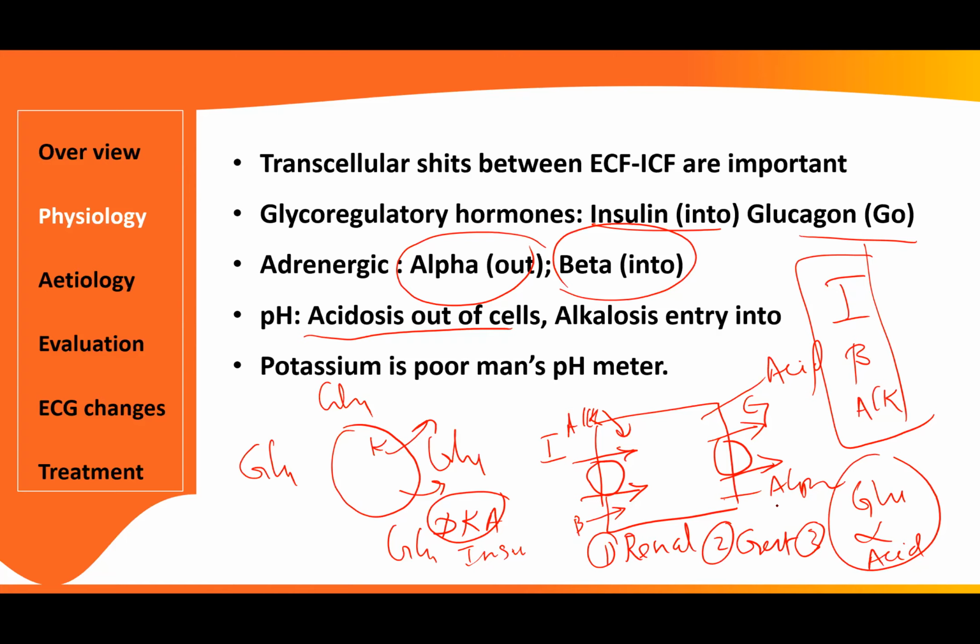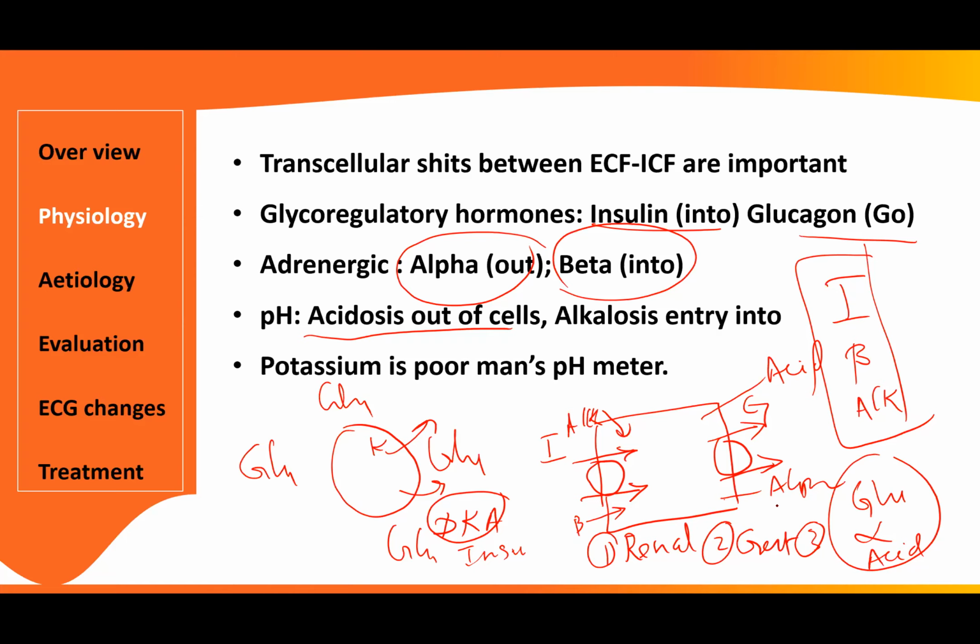These are dependent on basically three things. Insulin in, glucagon out of the cell. Alpha adrenergic stimulants out of the cell, beta into the cell. Acidotic milieu out of the cell, alkalosis into the cell.